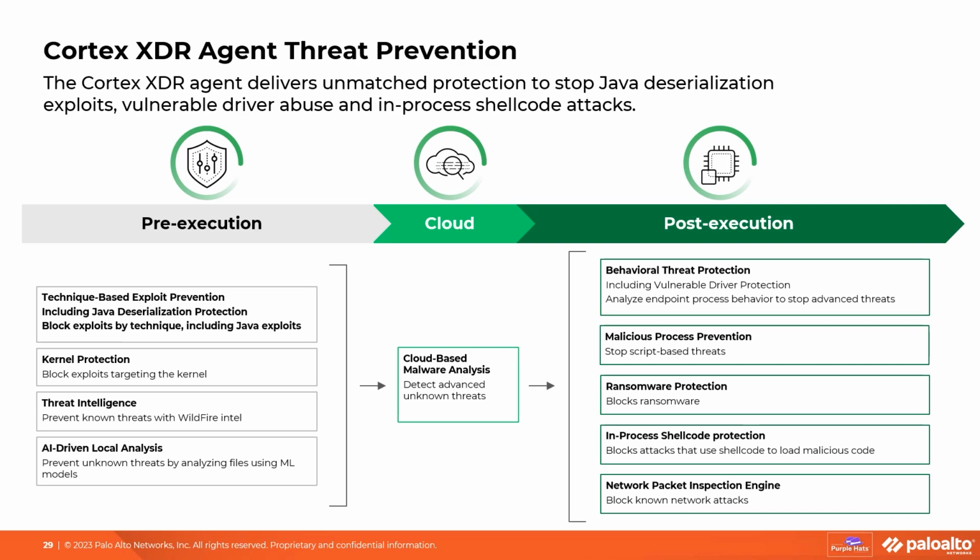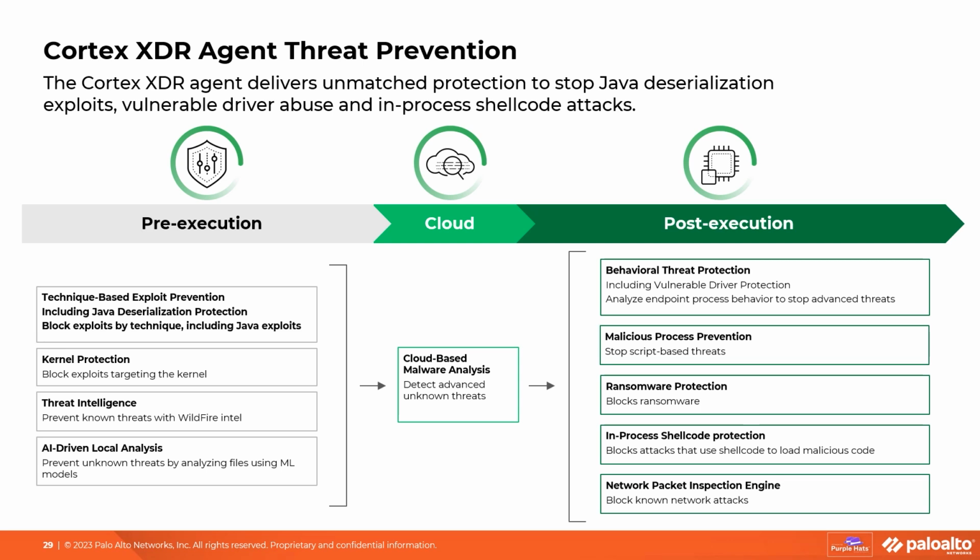Other than the cloud execution, we also have the post-execution modules that are looking at what the process is doing while executing. And based on that, we make decisions on the fly based on the execution. So the first module would be the behavioral threat prevention or threat protection, which is looking at all the different activities that the process is doing.